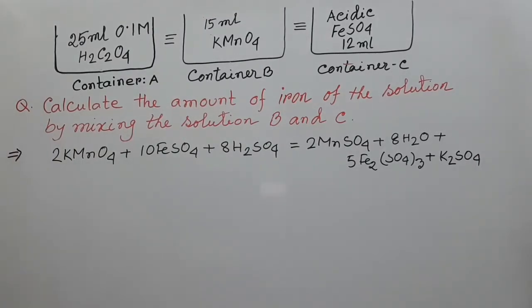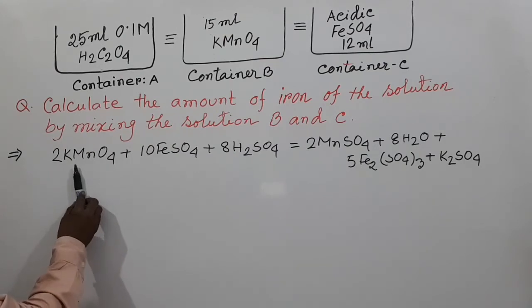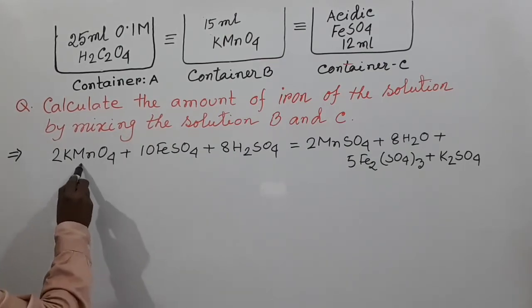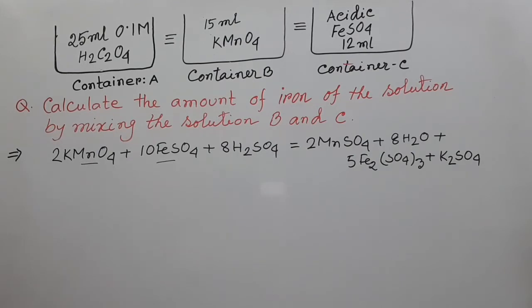According to this reaction, we can say that 2 mole potassium permanganate reacts with 10 mole ferrous sulfate.